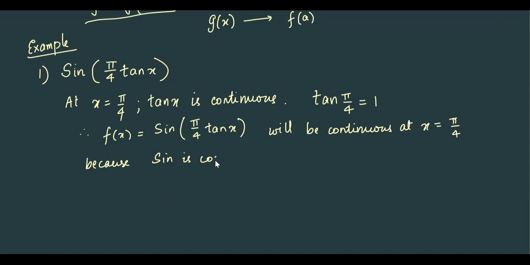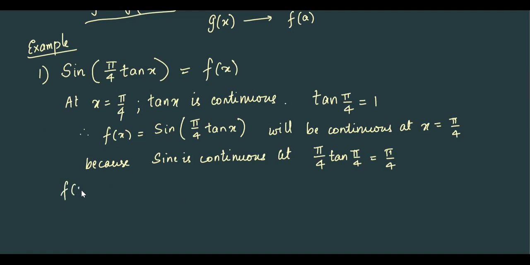Of course, sine is continuous for all x, but we will discuss this. Sine is continuous at pi by 4 tan pi by 4, which is pi by 4. So the function value will be 1 upon root 2. So this function f is continuous at x equal to pi by 4.